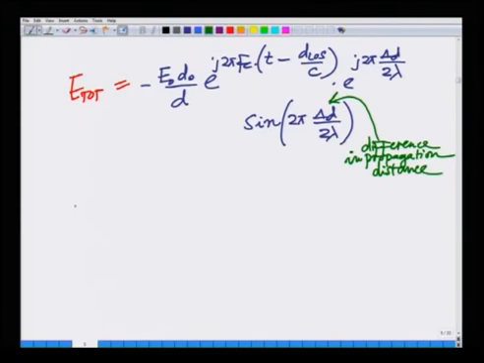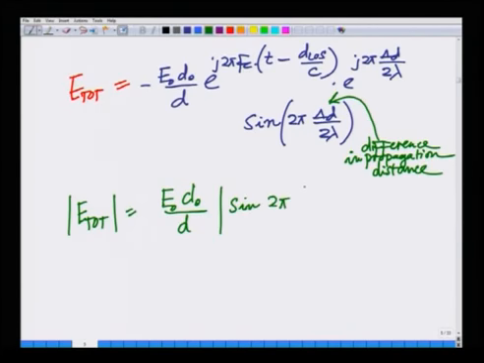And finally, if I look at the magnitude of E total, both these exponential factors vanish because they are phase factors, hence the magnitude is nothing but E naught d naught by d times the magnitude of sine 2 pi delta d over 2 lambda, all right.